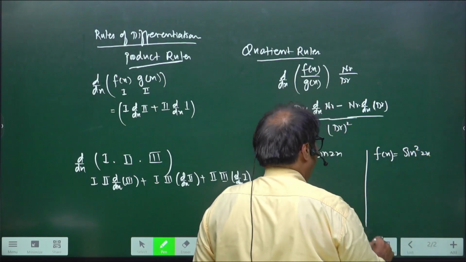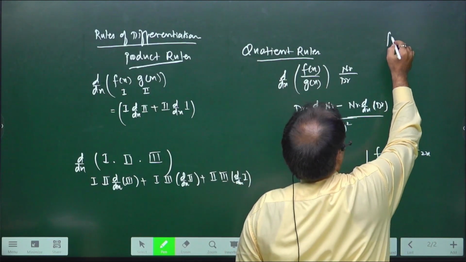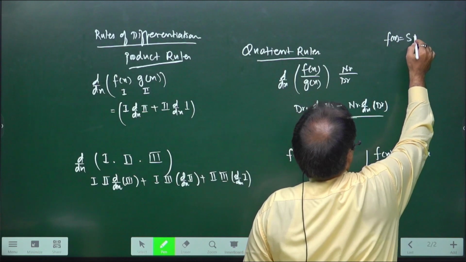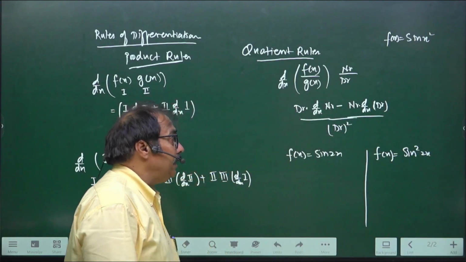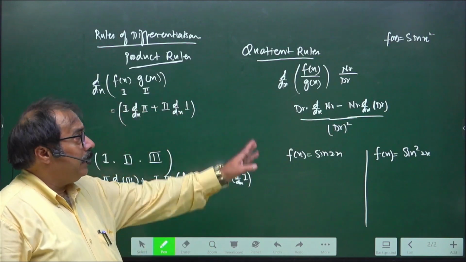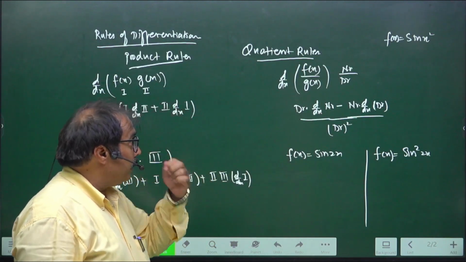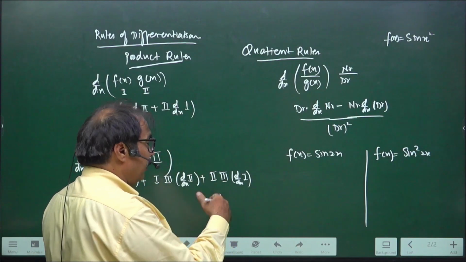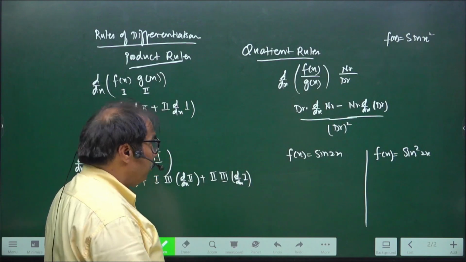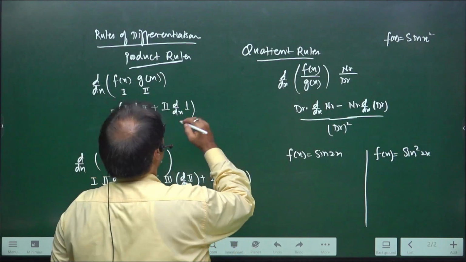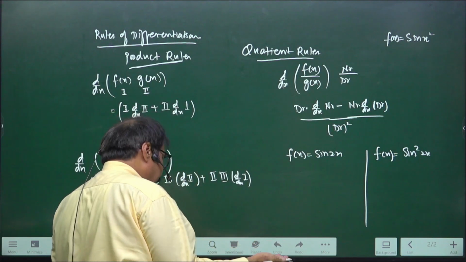And one more question I am taking, f(x) equals sine x square, right? So there are three types of questions. Take f(x) equals sine 2x. For the derivative, first we will write differentiate with respect to x on both sides, or we can write d by dx, f dash x, or y1 or y2.